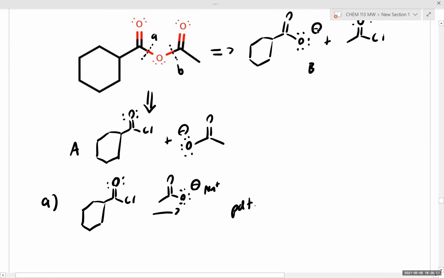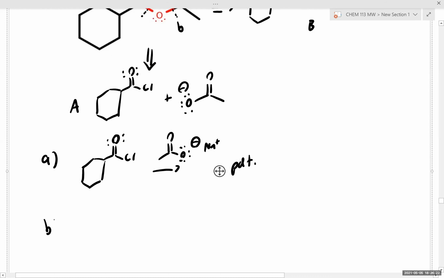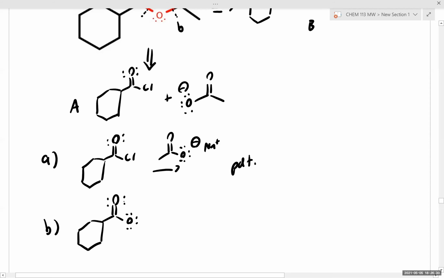And that would give us our desired product. For route B, we take this carboxylate salt and react it with acetyl chloride. And that would also give our desired product.